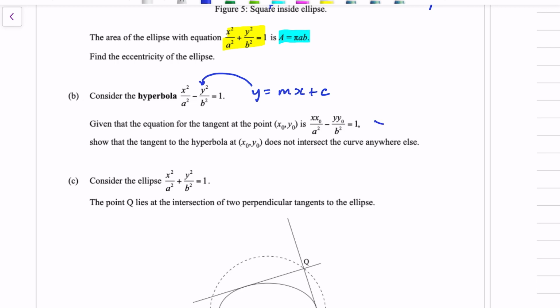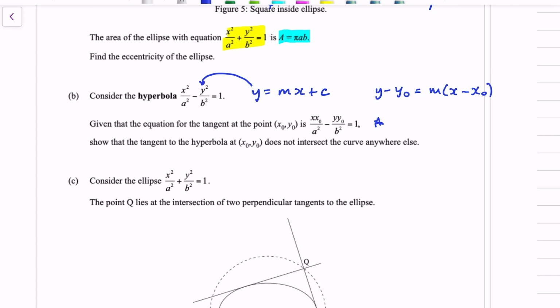You might want to prove that this is the equation of a tangent. They've given you a specific point x naught, y naught, which means that you could use this form of a straight line and then just focus on finding the slope m in terms of a's and b's, but you don't need to because the question gives you that.